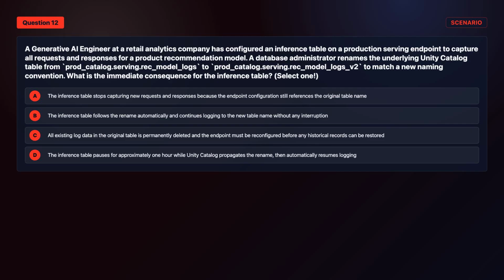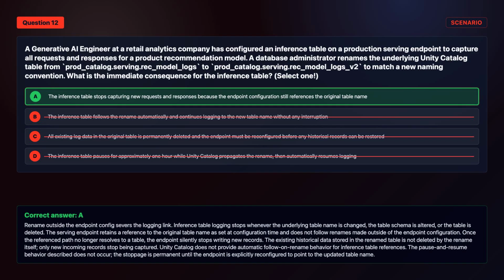What is the immediate consequence for the inference table? Select 1. Review the answer choices on screen. The correct answer is option A.